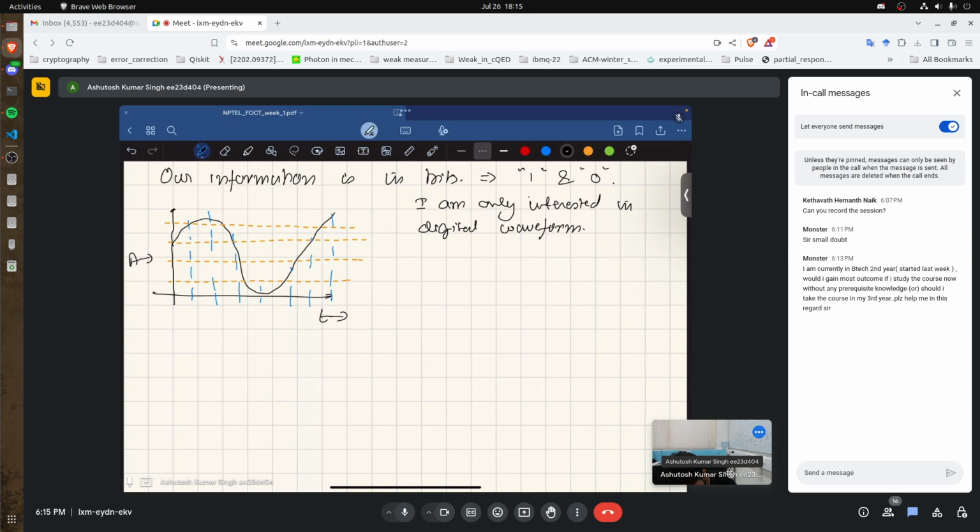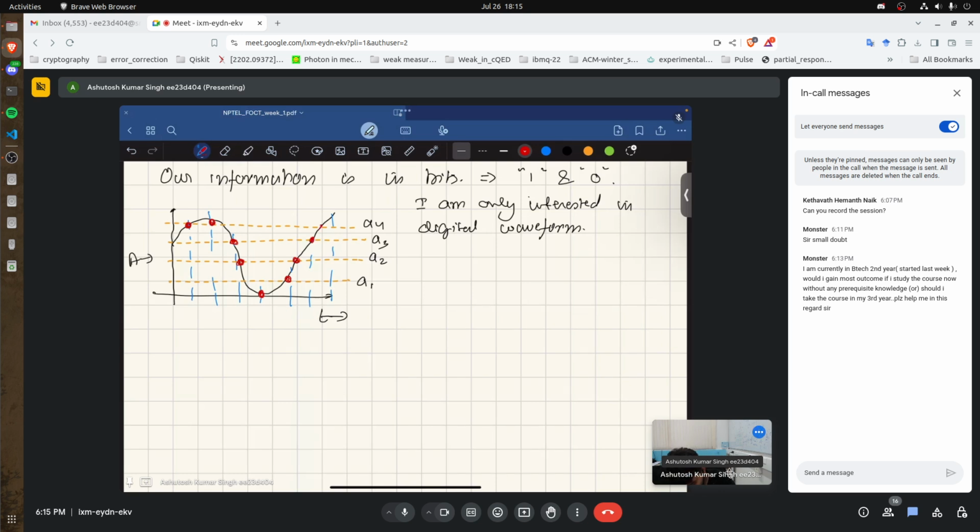So let's say this is amplitude A1, this is amplitude A2, this is amplitude A3, this is amplitude A4. Now what I'm essentially doing after all this is that I am just picking up these data points. At the same time, I'm seeing if it is above or below or anything.